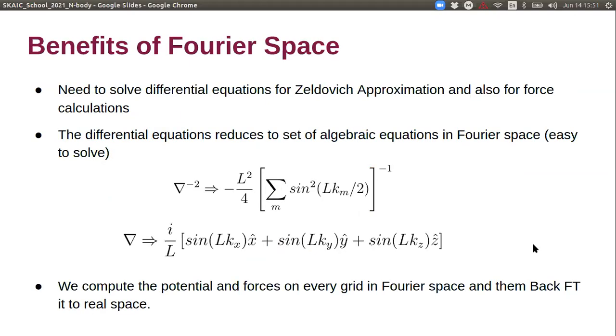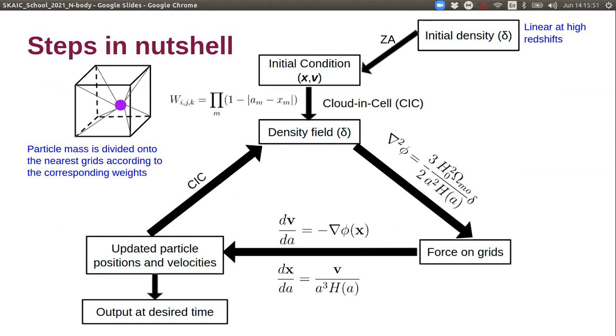Okay, so the next step, as you note from here, is from the initial condition we generate the density, and the next step is to compute this potential. In order to do this computation, you need to solve this differential equation.